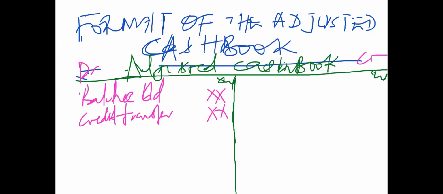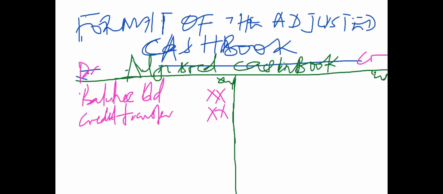The other, we have things to do with interest that was credited to your account, interest income received, interest credited to your account by the bank. In other words, any income credited to your account by the bank when you are not aware. So whatever the bank has done that you didn't do, that's what we are trying to bring out so that it appears in the adjusted cash book.